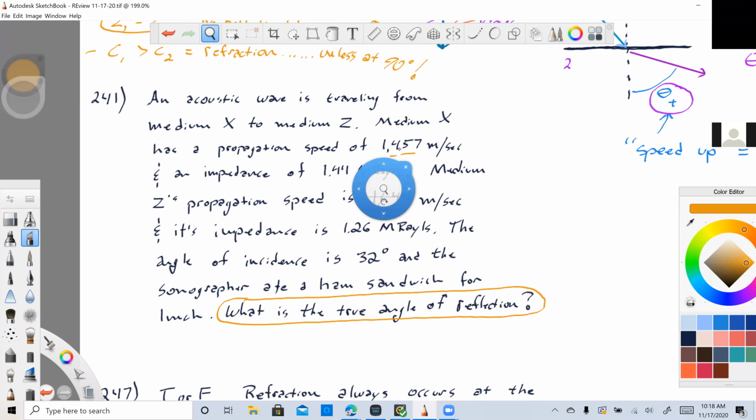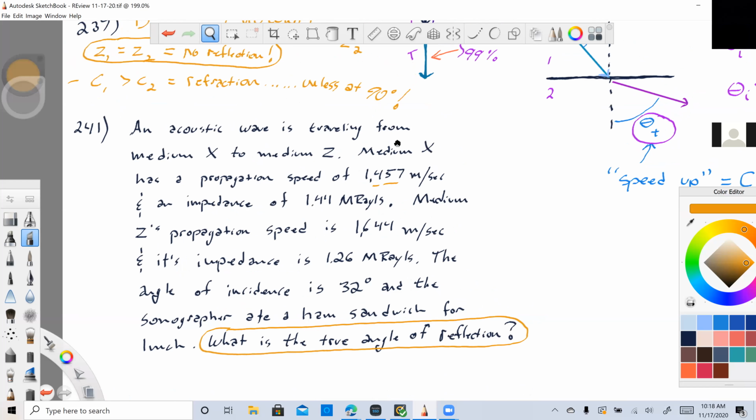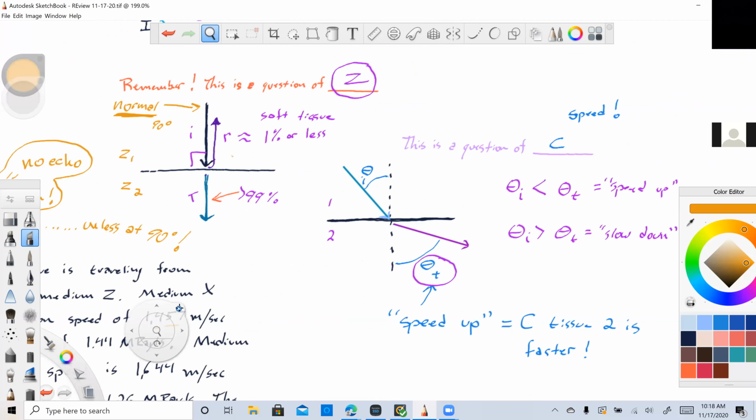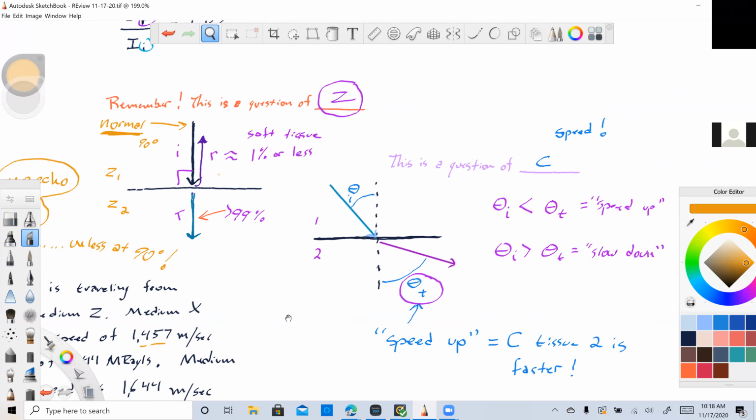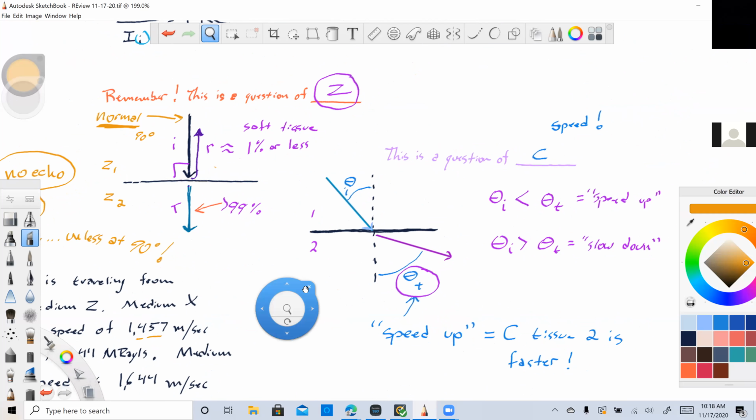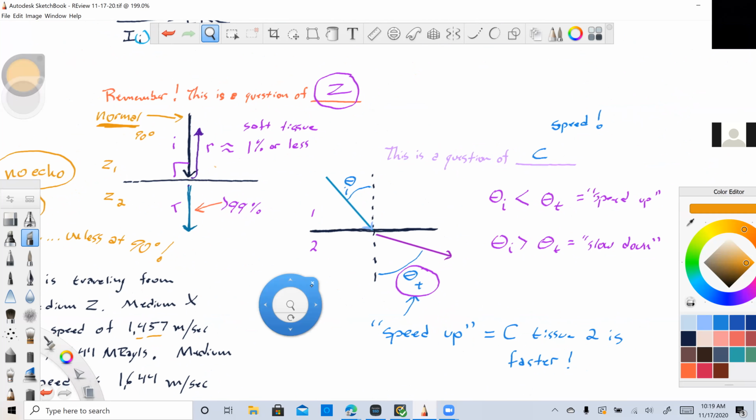What did we just say up here? Reflection, okay. Let's write that out.